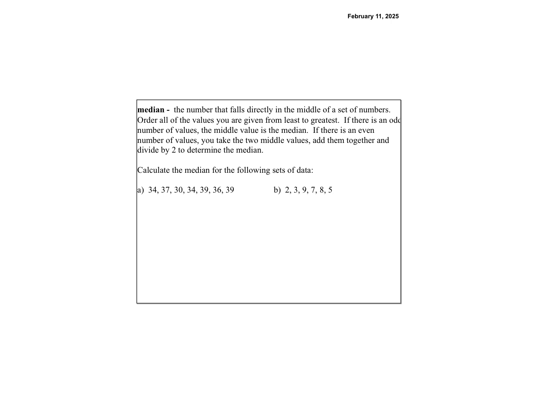So I have 30. I have two 34s, 34 and 34. I have a 36, I have 37, 39, 39.